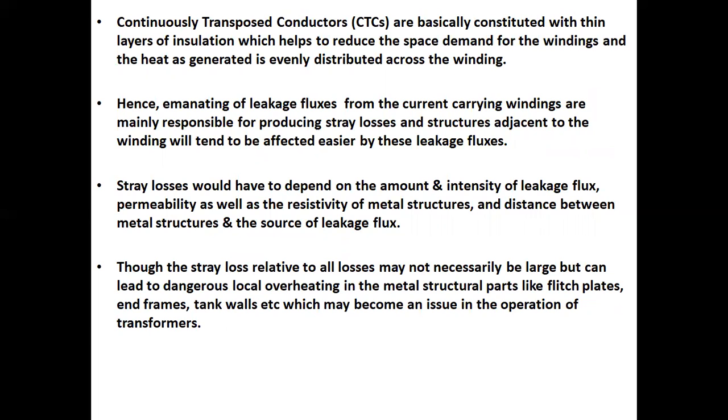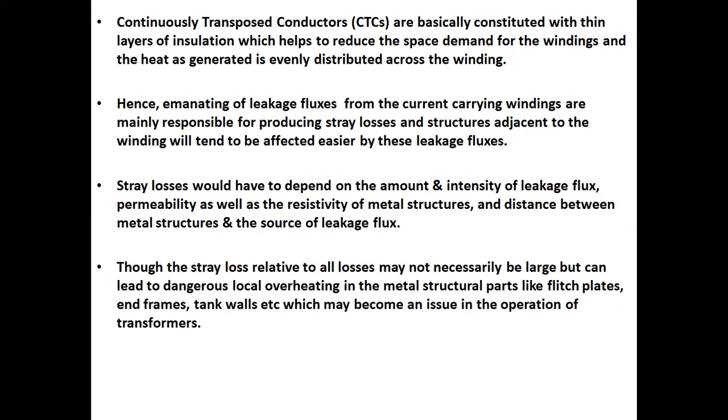Hence, leakage fluxes emanating from the current carrying windings are mainly responsible for producing stray losses, and structures adjacent to the winding will tend to be affected more easily by these leakage fluxes. Stray losses depend on the amount and intensity of leakage flux, permeability, as well as the resistivity of the metal structures and the distance between metal structures and the source of leakage flux.